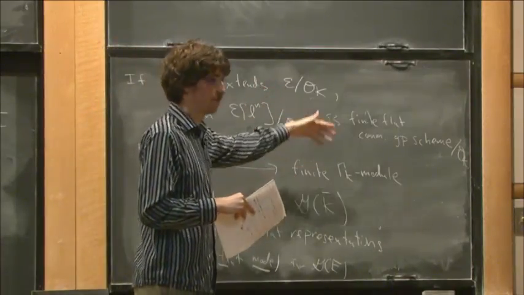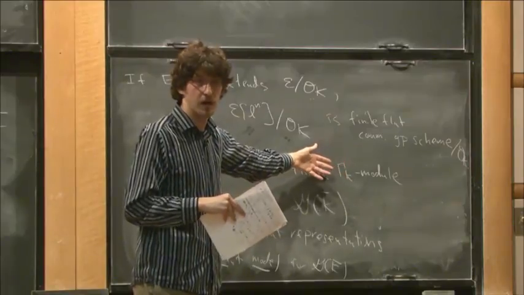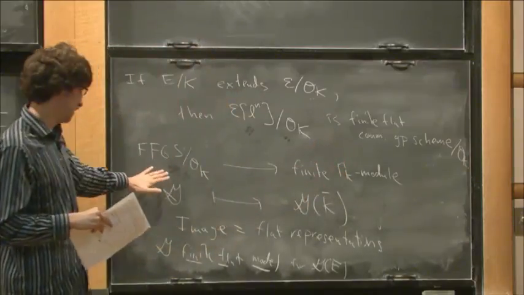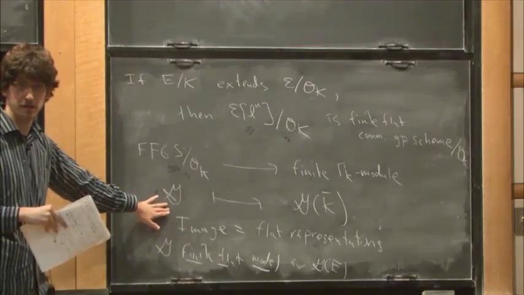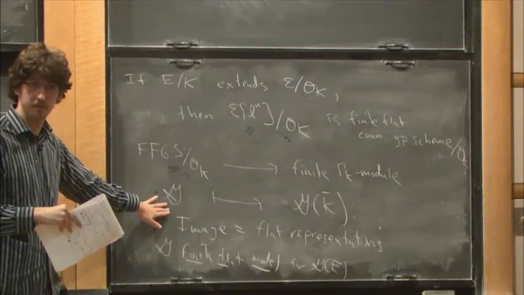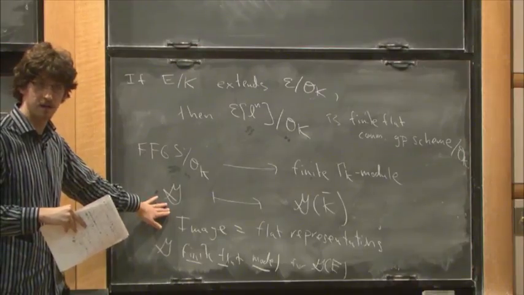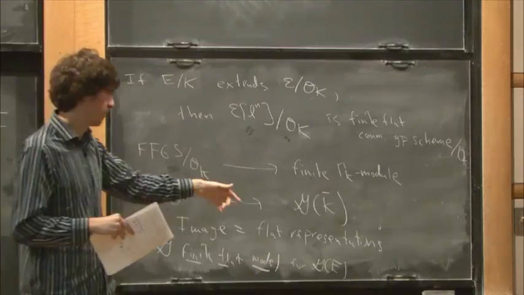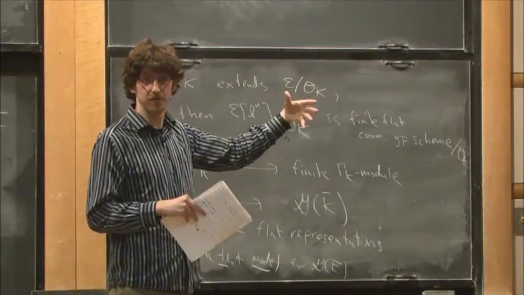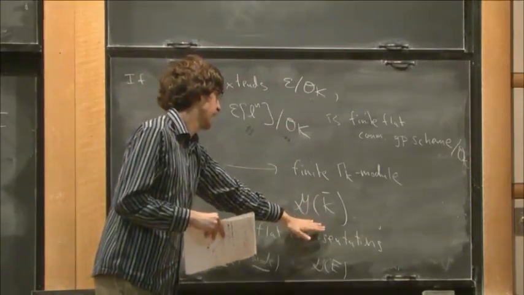We ask, is it flat, forgetting the A module structure. Meaning we're not demanding, in the formulation of the condition, that A in fact act on the group scheme. If A is our coefficient ring, A is an Artinian ring, so it's finite, right? So we're not asking that.